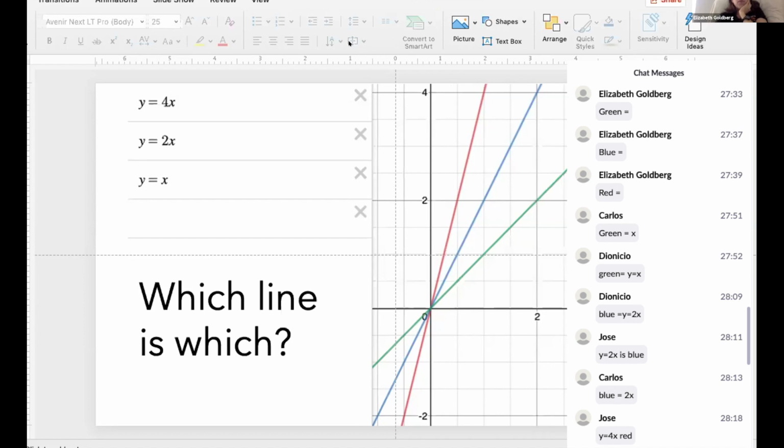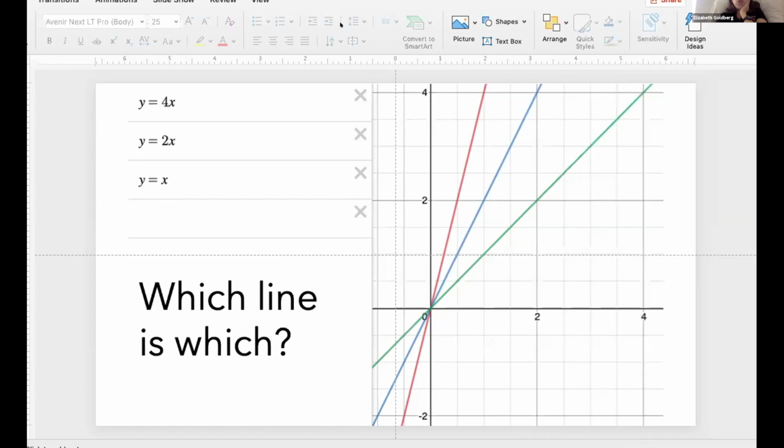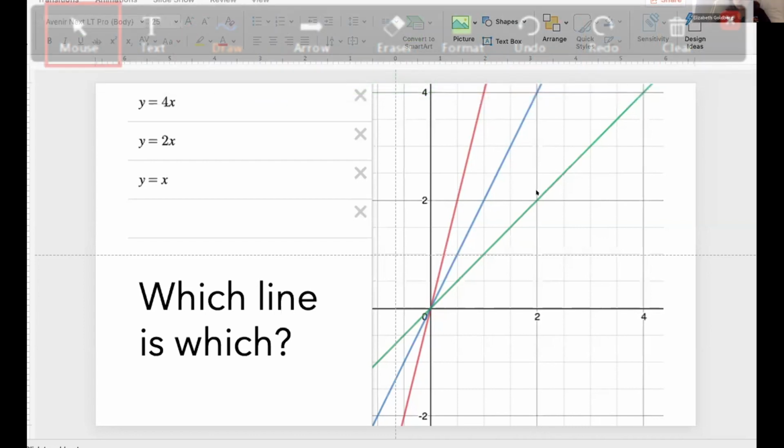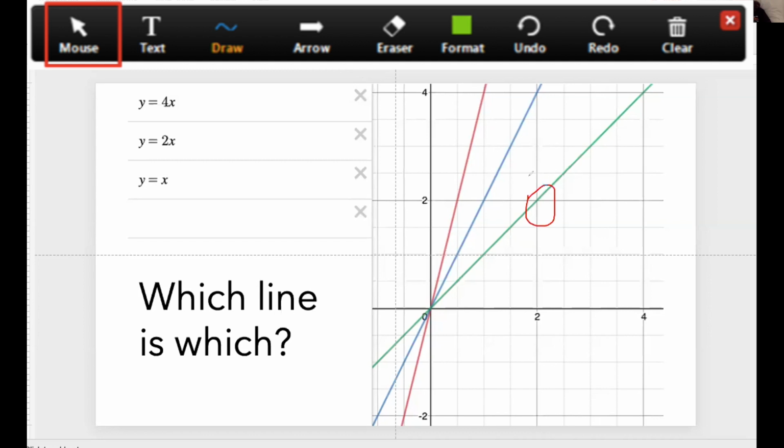There is an annotate feature, and what you can do with the annotate feature is you can actually draw circles, lines, doodles, things of that nature. So right here, I've drawn a little circle. Oh, somebody else drew a circle too. Excellent. So you can do it, I can do it. So this is where you're talking about right here, correct? Yeah, that's the 2, 2. The 2, 2. And you're saying that's the rise and the run.